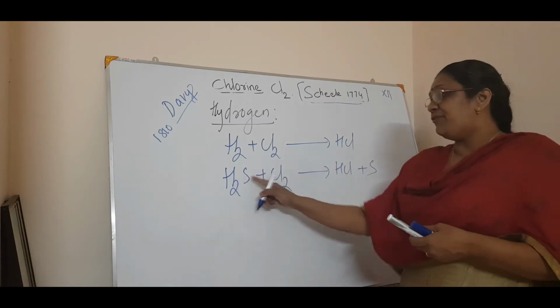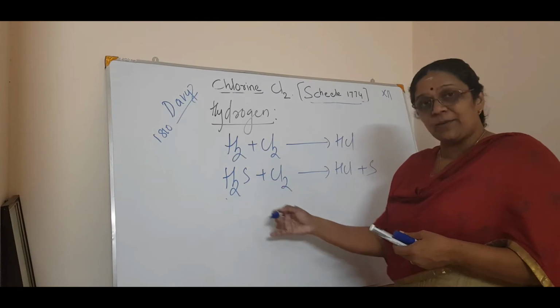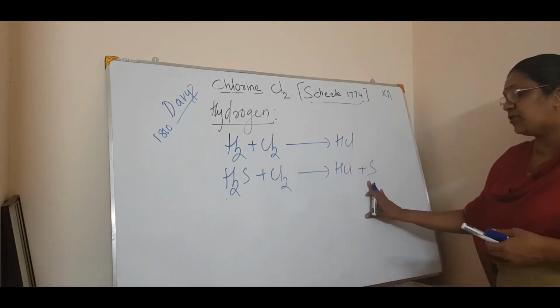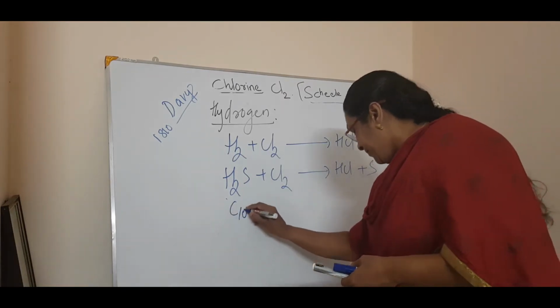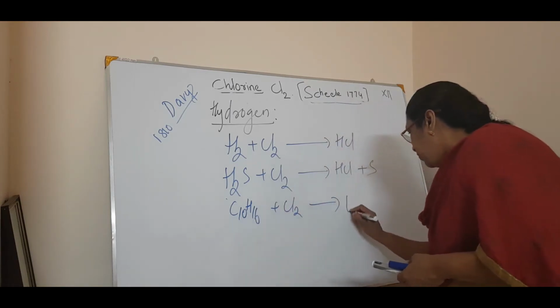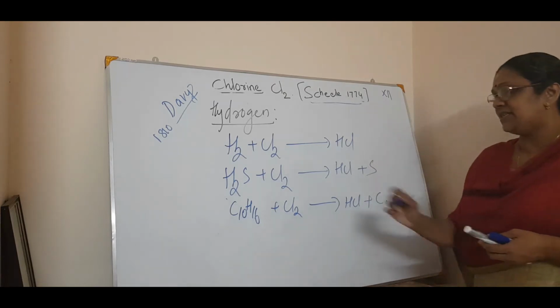Any hydrocarbon for that matter also reacts with chlorine to form the corresponding hydrogen chloride plus carbon. For example, C10H16 plus chlorine will give you HCl plus carbon. Just balance it.